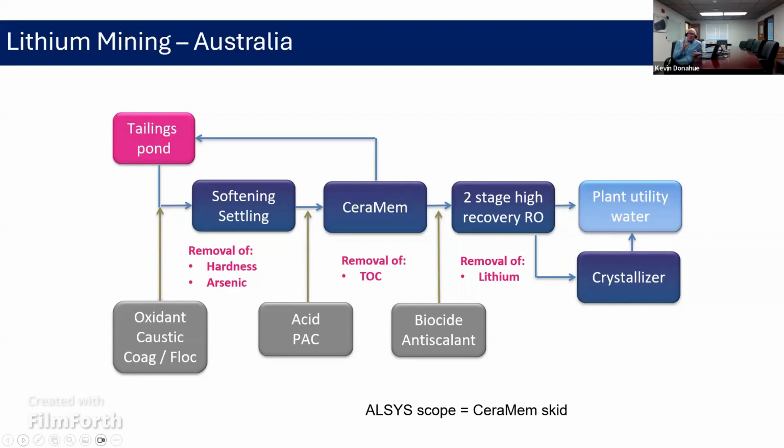Once that water is pre-treated with the powdered activated carbon, it goes through a Ceramem ultrafiltration system. The Ceramem ultrafiltration system is removing the powdered activated carbon and all of the other suspended matter. Anyone who's worked with powdered activated carbon knows it doesn't settle very easily or readily. So with the membrane system, you're able to remove it instantaneously.